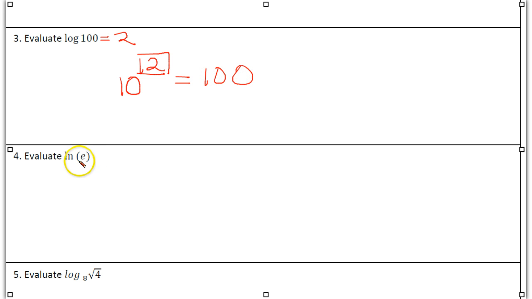Now they're asking us to evaluate this. Again, our base here is going to be E, and our answer is E. So what is our exponent? Well, it would be a 1.